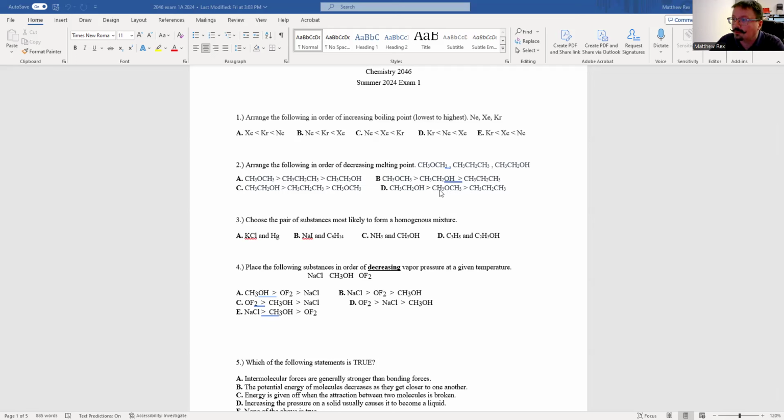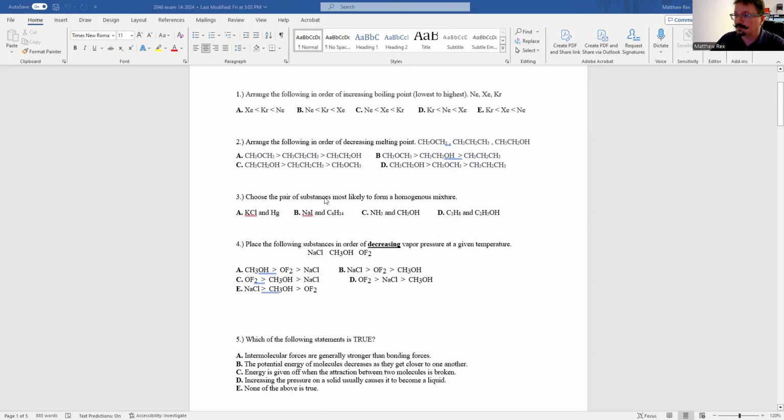That's a polar molecule, so we have dipole-dipole. The oxygen is bonded to the carbon, so there's no hydrogen bonding, but it does have a dipole. And then lastly, the pentane, CH3CH2CH3. That's just dispersion forces, so it would have the lowest melting point. So the answer there should be D, going from highest to lowest melting point.